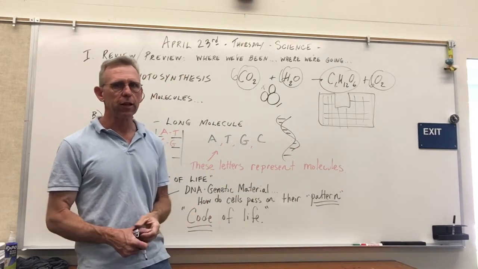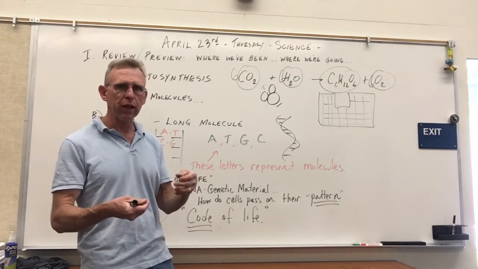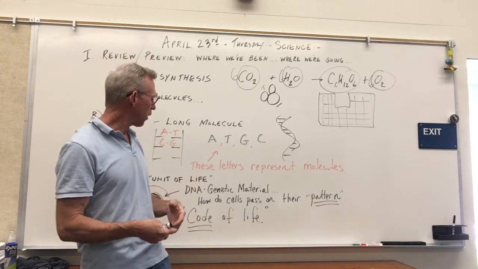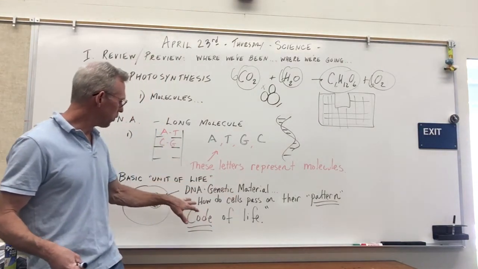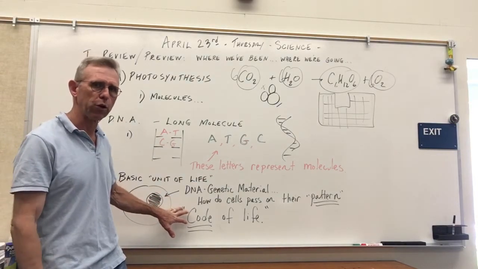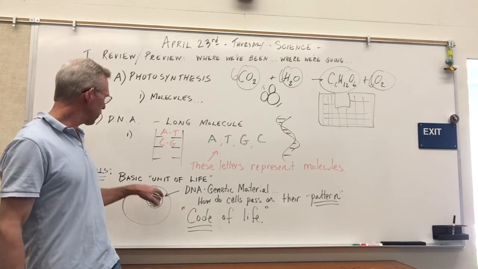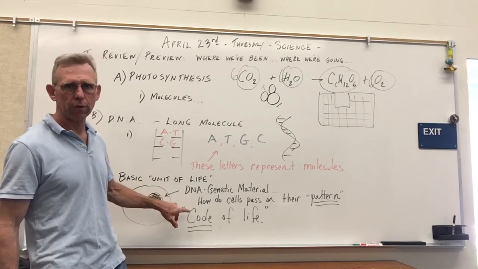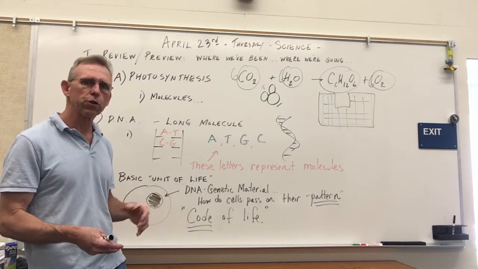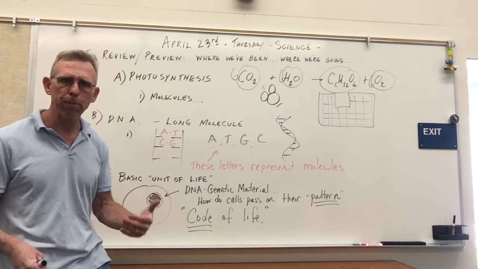That spiral staircase shape is put together with these rungs of a ladder. And the rungs of the ladder, these letters represent the molecules. It's referred to in your book and in my notes online all over the place as the code of life. It's the code of life because what we're studying in 6th grade is, okay, how does that code get passed on?